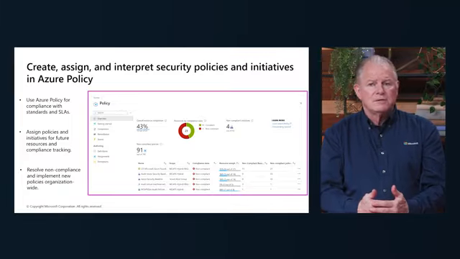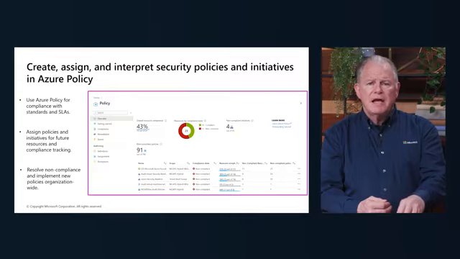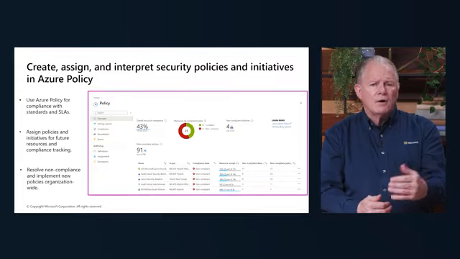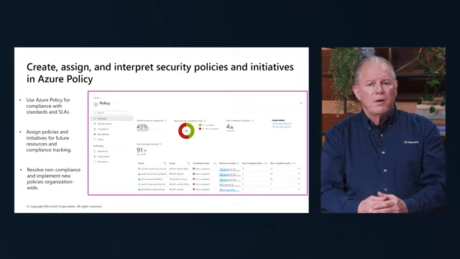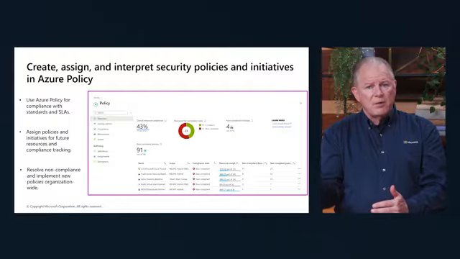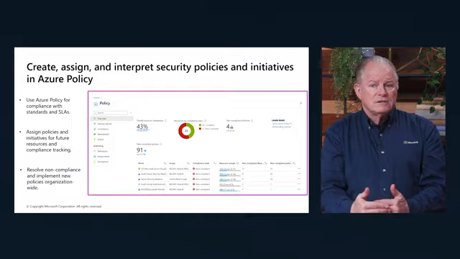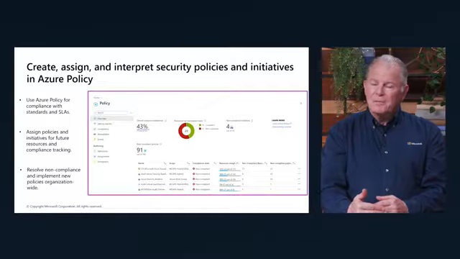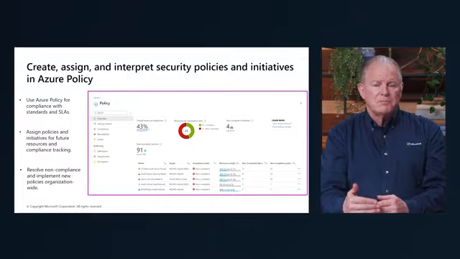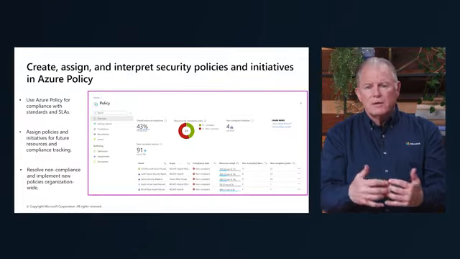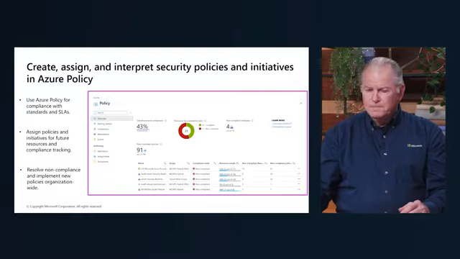And then you can continue to measure that. I believe that at the time of deployment, and roughly every hour, you're going to get an evaluation of the policies and initiatives against those resources so you can actually see them being brought into compliance. Or you can set it so that, yes, it's non-compliant, but if you ever want to change that object, you're going to be able to change it and make it compliant because the policy is going to be applied to those changes.